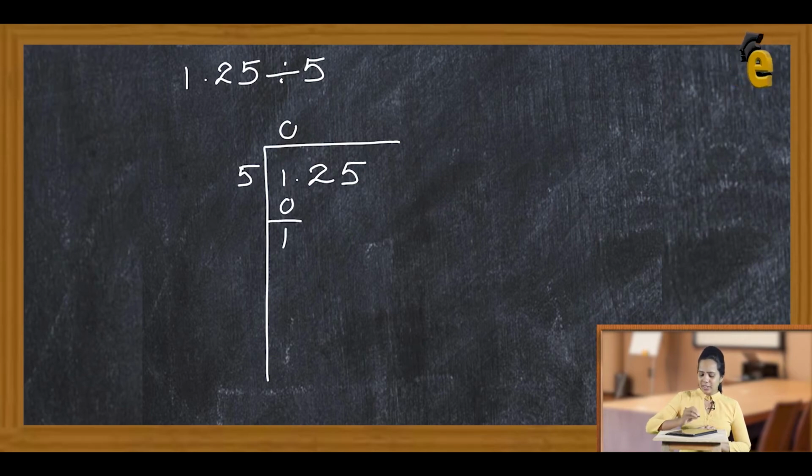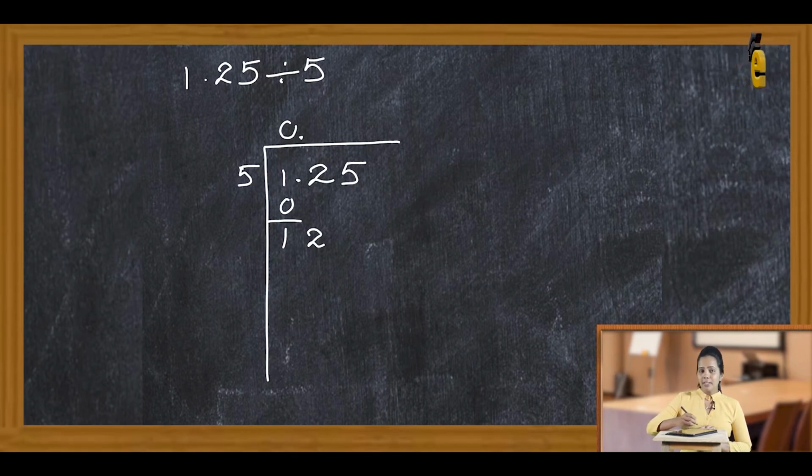Then you take the next number, that is 2. Before bringing it down, you have to keep the decimal point here, right. So, you keep the decimal point after 0, then you take this 2 here. Then what number do you have? You have 12.